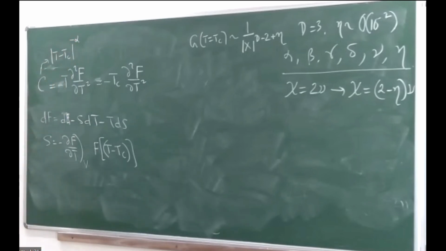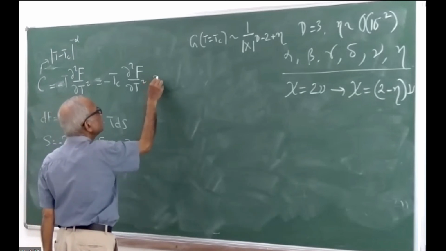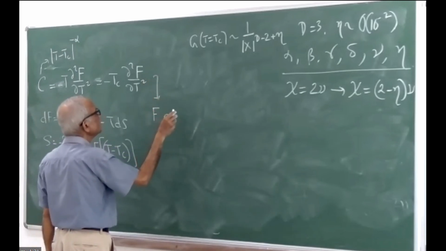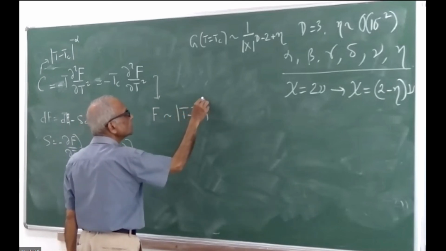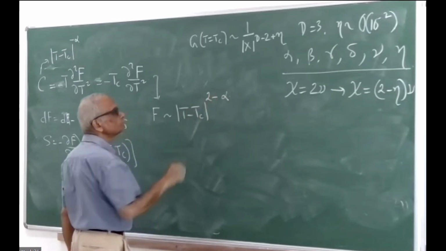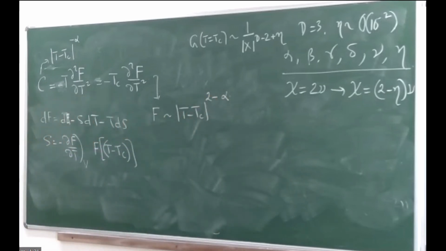So the consistency over here means that F has to be like T minus Tc to the power 2 minus alpha. I've just multiplied by T squared.